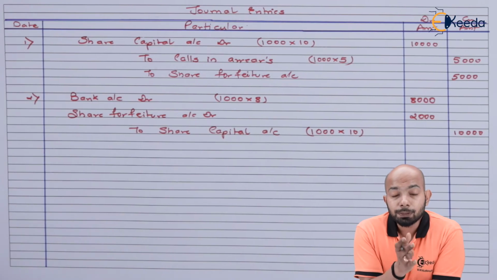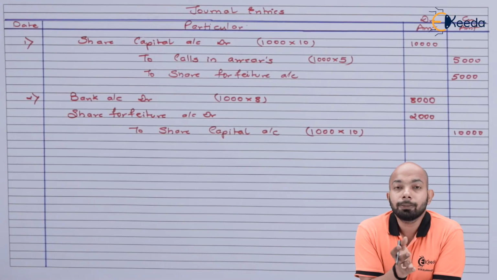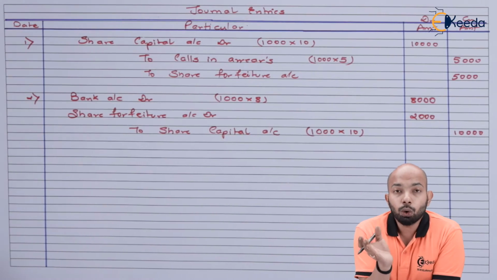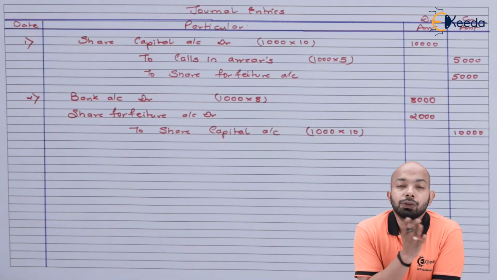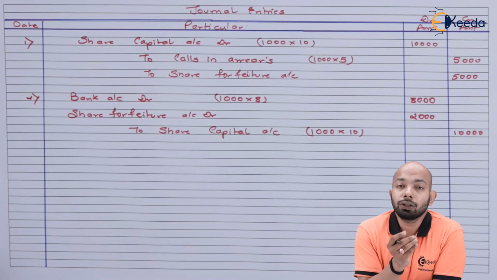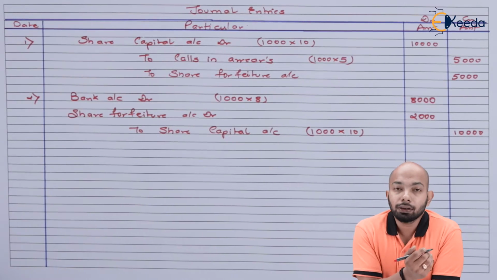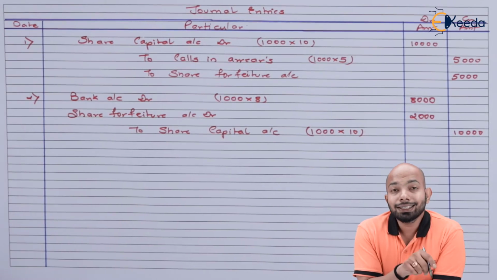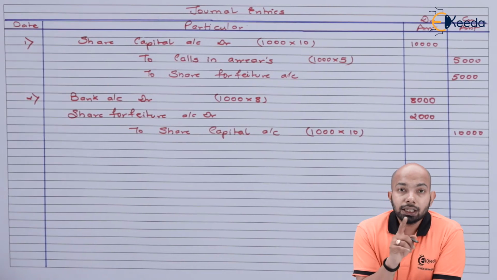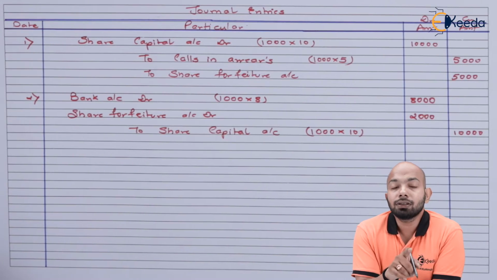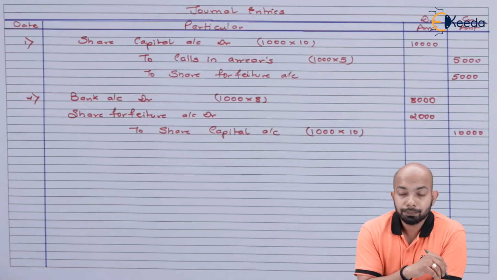So the difference between 10,000 and 8,000 is 2,000, which is borne by the share forfeiture account. The opening balance of share forfeiture was 5,000. If out of 5,000 you have utilized 2,000, that means the balance you're left with in share forfeiture is 3,000. That will be moved to capital reserve. So the last entry for case 1 will be share forfeiture account debit to capital reserve with the amount of 3,000 here.